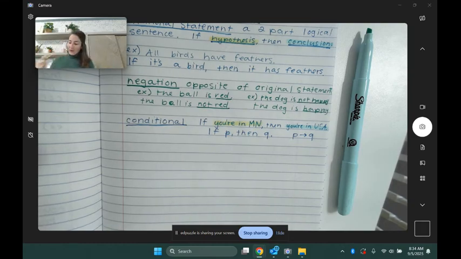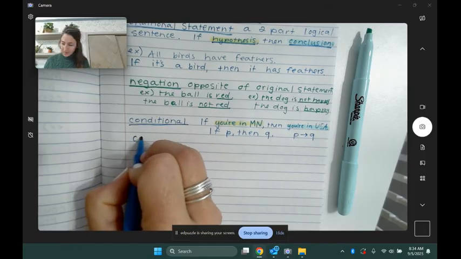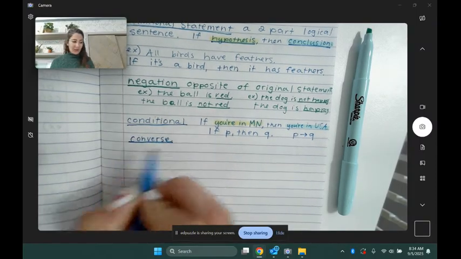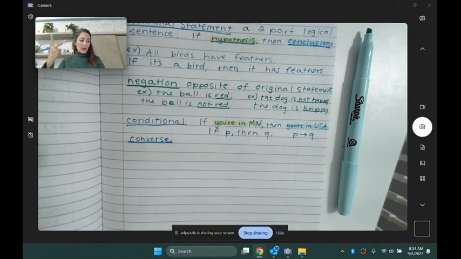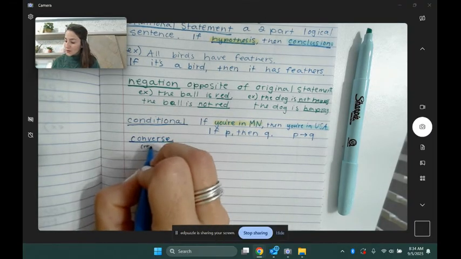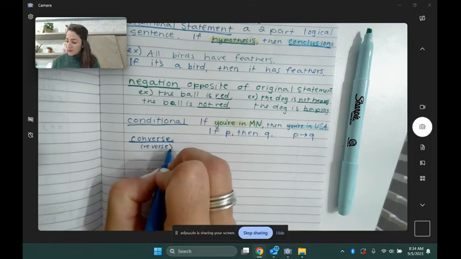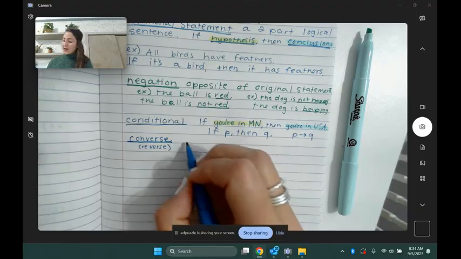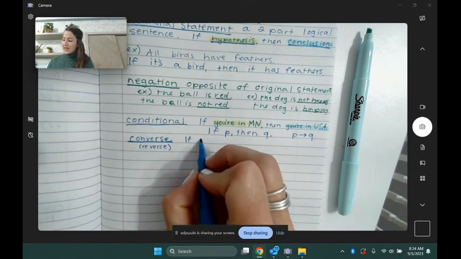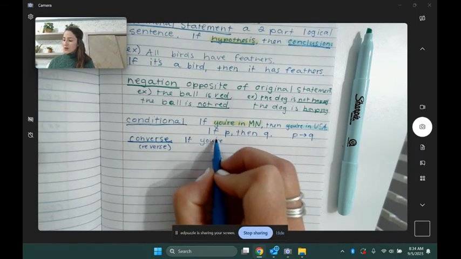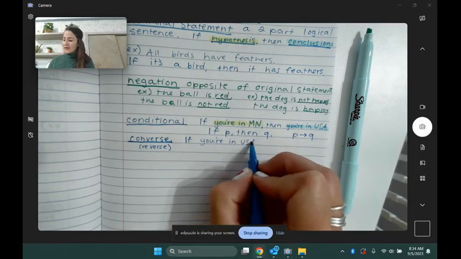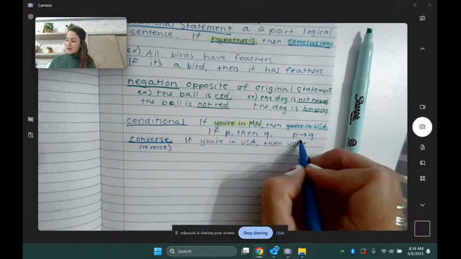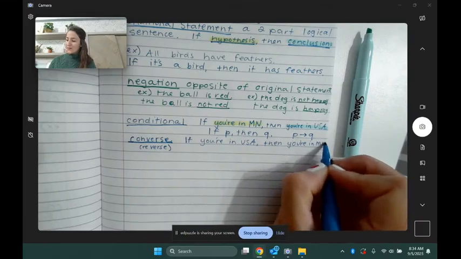A converse to the conditional statement is going to reverse the order. So a converse statement would be, if you're in the USA, then you're in Minnesota.